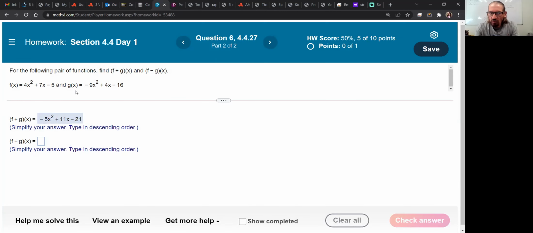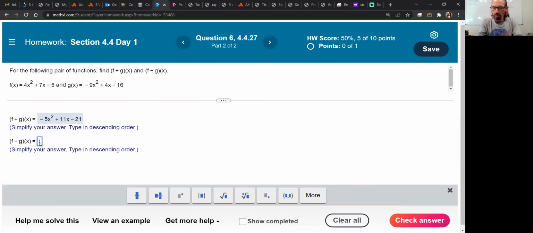And then our difference of those two functions. I'm going to show a little more work here. And again, I will erase afterwards and just give my final answer after that. So the 4x squared plus 7x minus 5, we're subtracting from that all of -9x squared plus 4x minus 16.